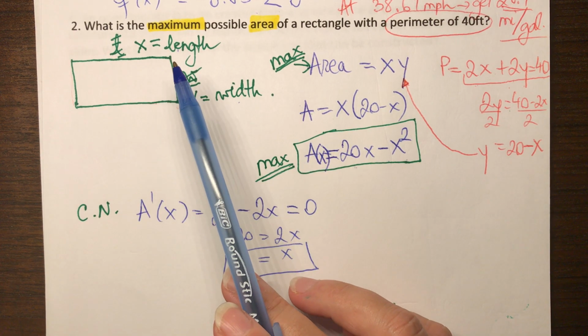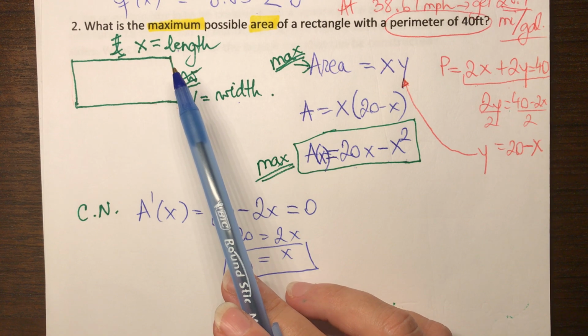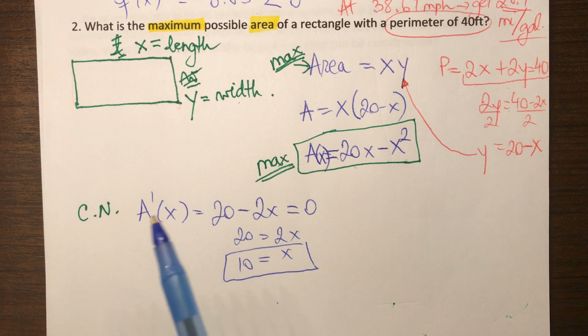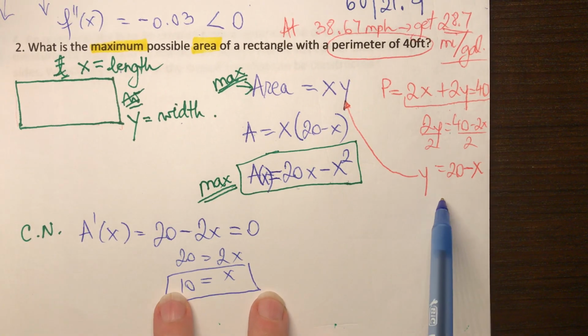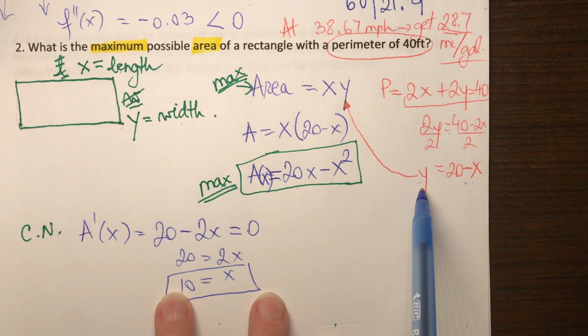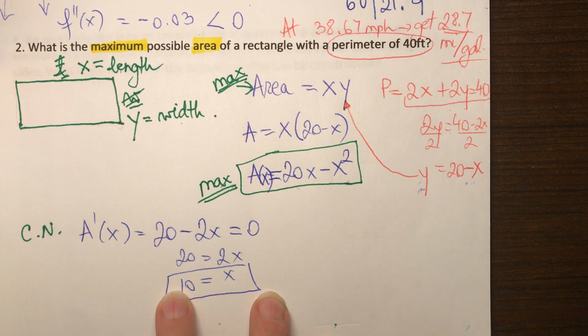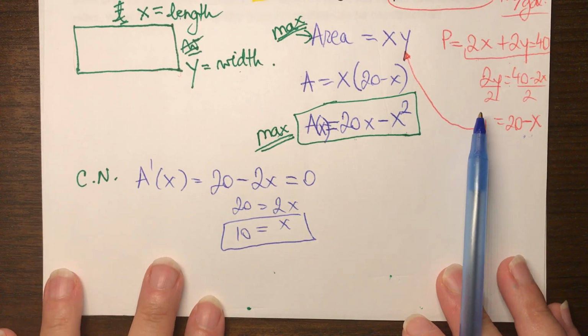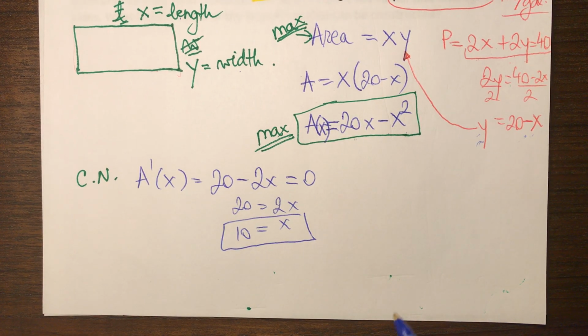Well, the length can't be less than 0. It has to be positive, so it certainly has to start at 0. By the way, it can't be more than 20. Why? Because if it's more than 20, the width is going to turn up negative. So that's not possible. But we're just going to take the easy route instead of thinking about this.